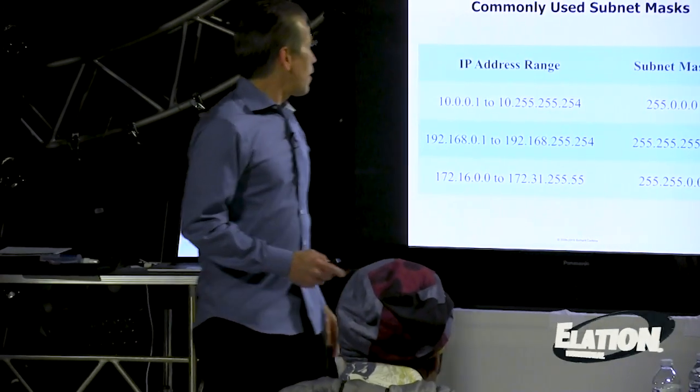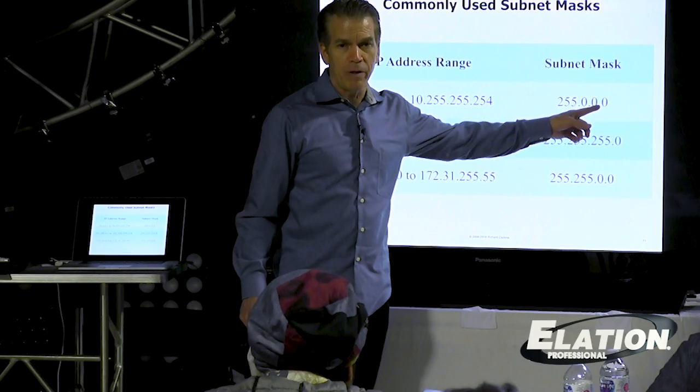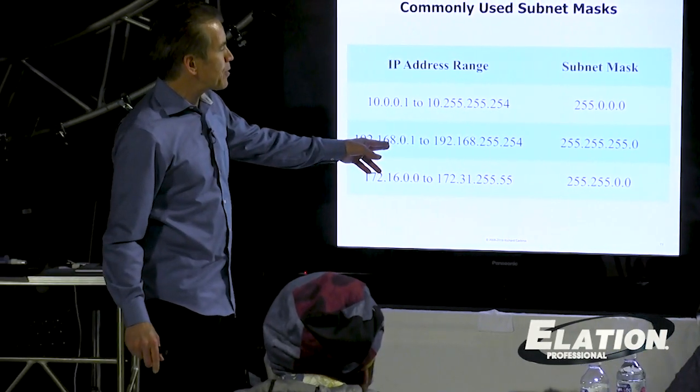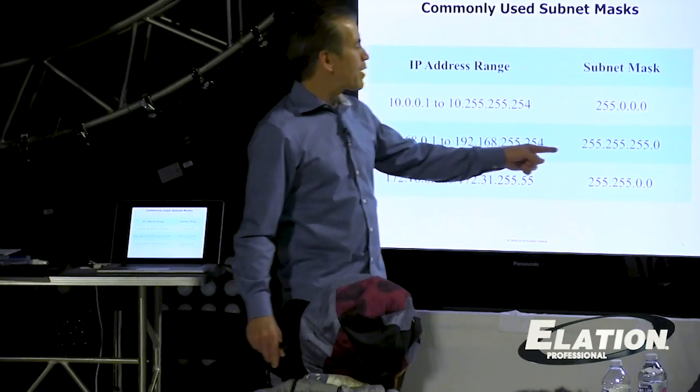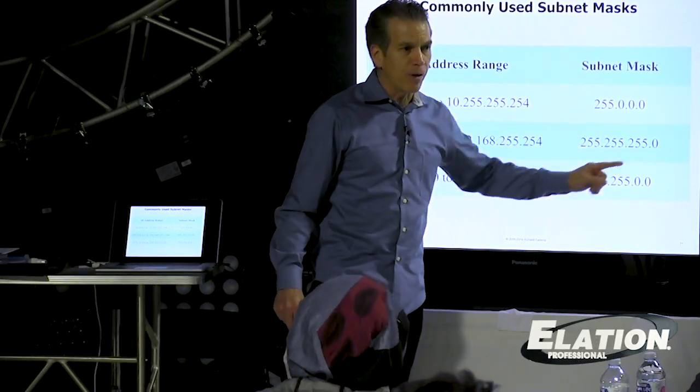So now typically what you'll find is that if you're using a 10 dot address, usually you'll have a subnet mask of 255.0.0.0. If you're using a 192.168 address, usually the subnet mask is 255.255.255.0.